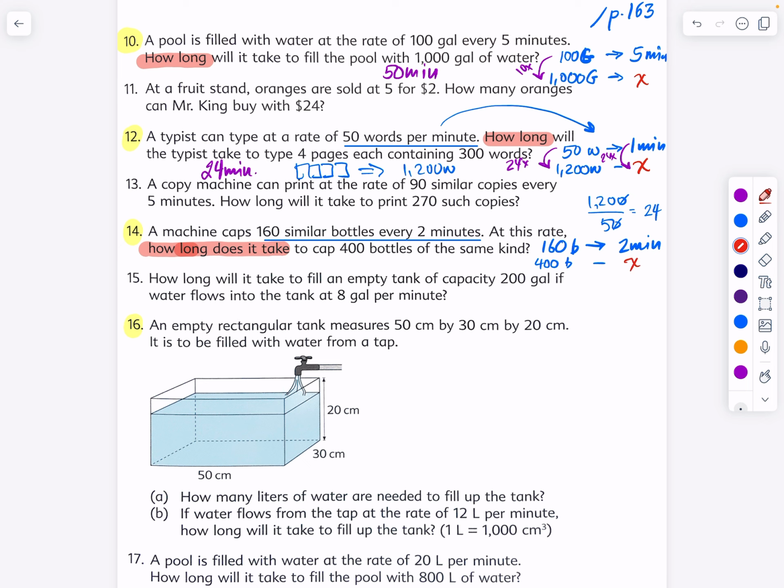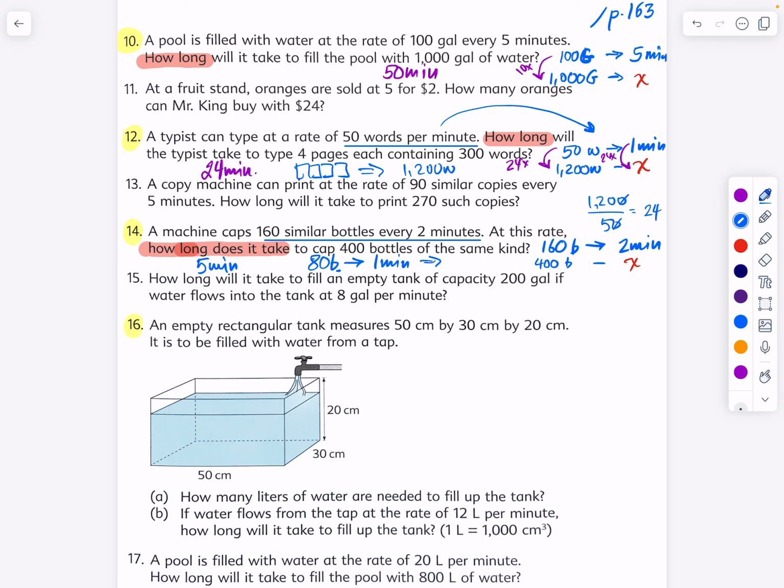My friends, it would really help to find the unit ratio first. If 160 bottles get capped in 2 minutes, then it means that 80 bottles are capped per minute. This is our unit rate, 80 bottles per minute. And since we have 400 bottles, which is 5 times as many, it means that 400 bottles will be capped in 5 minutes, okay?